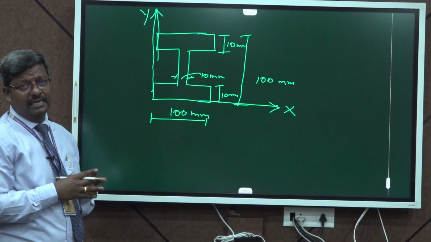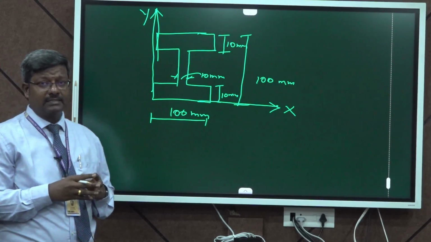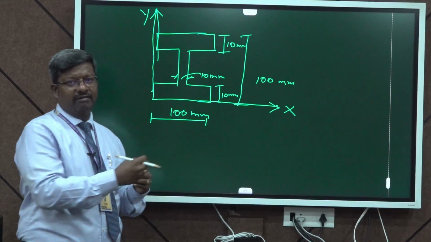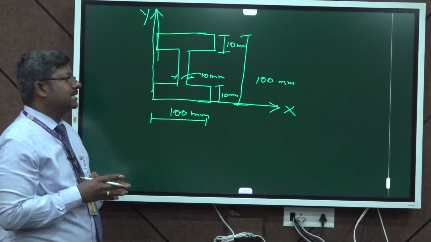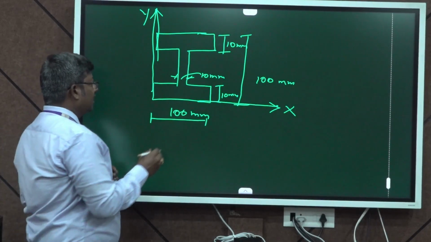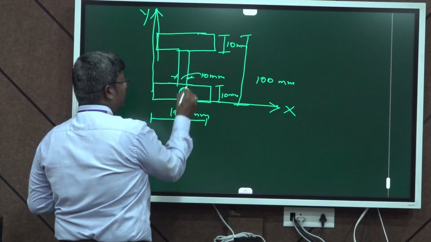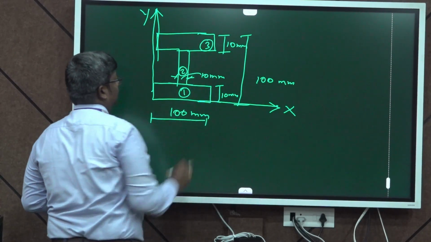Since it has three portions, we divide it into three smaller rectangles, so that by knowing the center of gravity of the three parts, we can find the total center of gravity. Let me take the bottom flange as the first portion, the web as the second portion, and the top flange as the third portion.